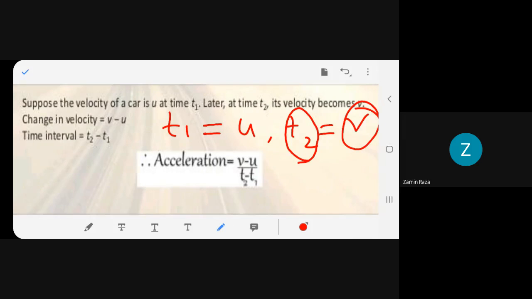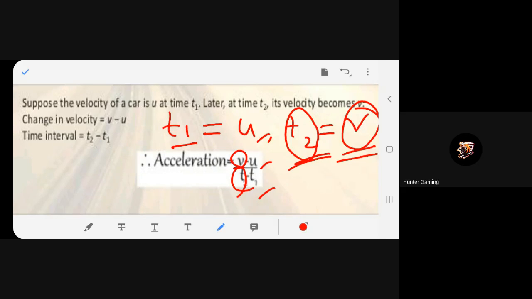So we have to subtract initial from final. So we have to take this as first, isn't it? So we have taken v. We have taken t2. Hope you have understood. And then t1 over here and then u on top. Is it clear? So from final, we are subtracting the initial.